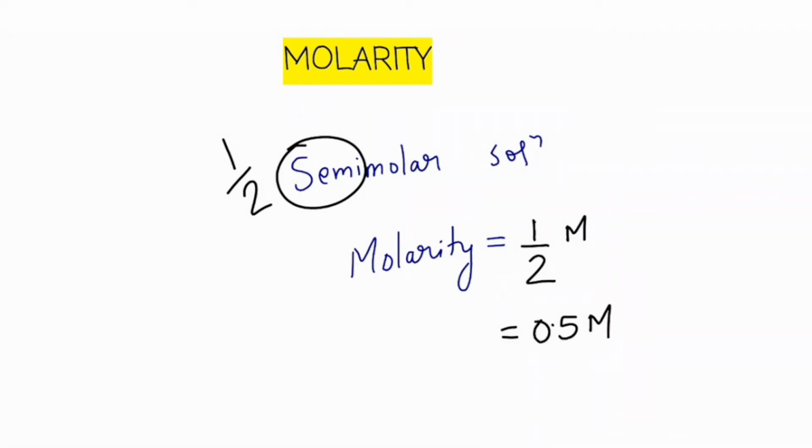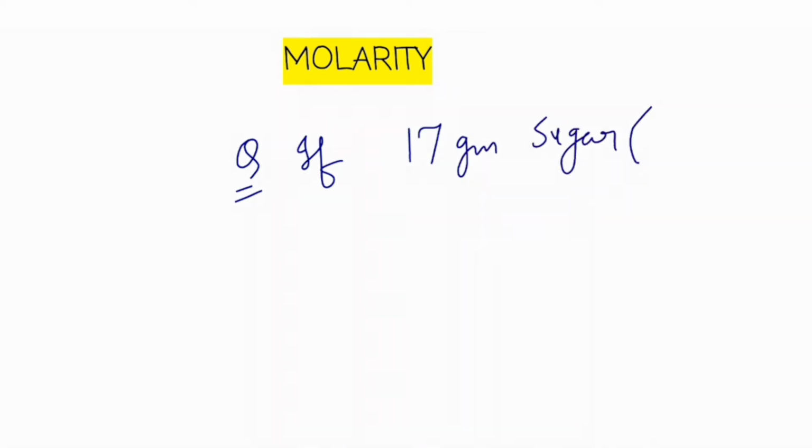Now after this let us discuss a question. Suppose we have 17 gram of sugar and the molecular weight of sugar is 342. It is given in the question.